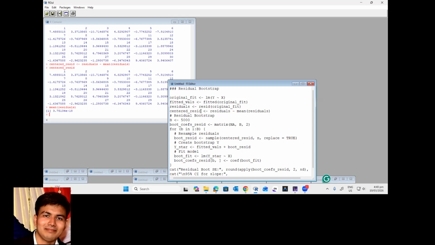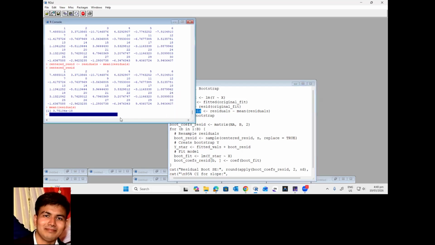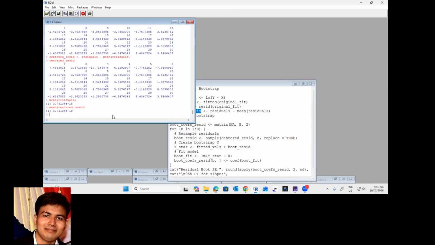If you want to find the mean of the centered residual, let's check it. It will be the same, but it helps us keep it at 0.